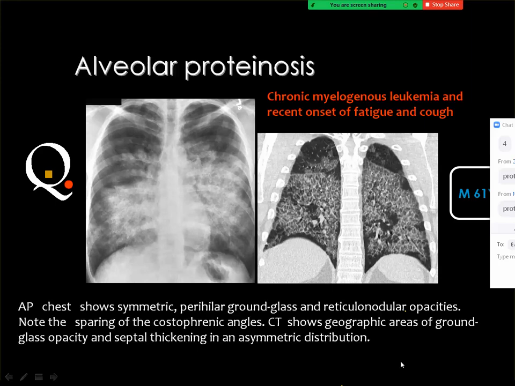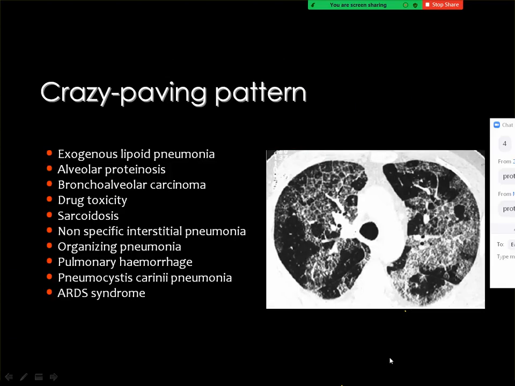Then this is alveolar proteinosis, and alveolar proteinosis is diagnosed by this very characteristic pattern, which is known as the crazy paving pattern. And this crazy paving pattern is not pathognomonic for alveolar proteinosis.